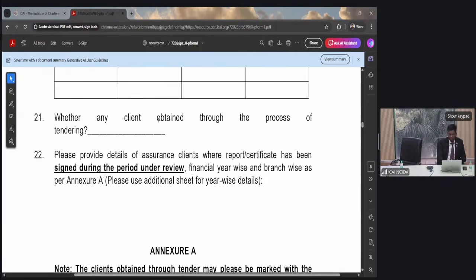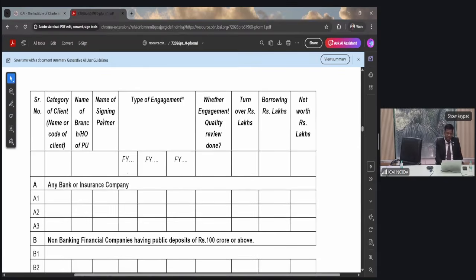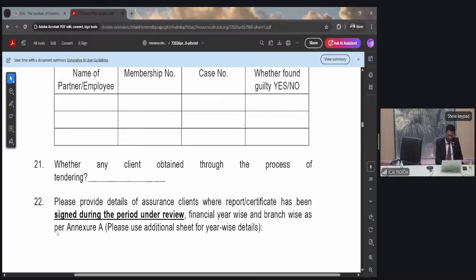In case the firm has received the client via tender, then in bracket, after the name of the client, the word tender needs to be specified. Okay. Now, again, after this list is prepared, it is at the option of the CA firm to either provide names of the clients and submit to the peer review board, or they can codify the same and submit the coded list to the peer review board and show the same to the peer reviewer at the time of visit.